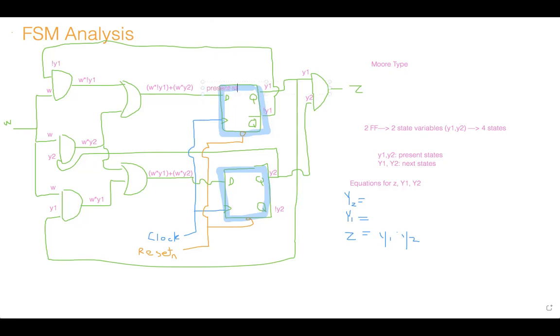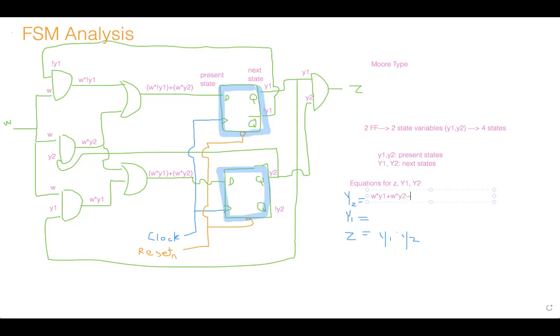So here we have the present state, and then our flip-flop is going to determine the output, which is the next state here. And so the inputs to each of these, if we look at it in the equation for Y2, that would be the second flip-flop down here. The input, if we're looking, it's w times y1 plus w times y2.